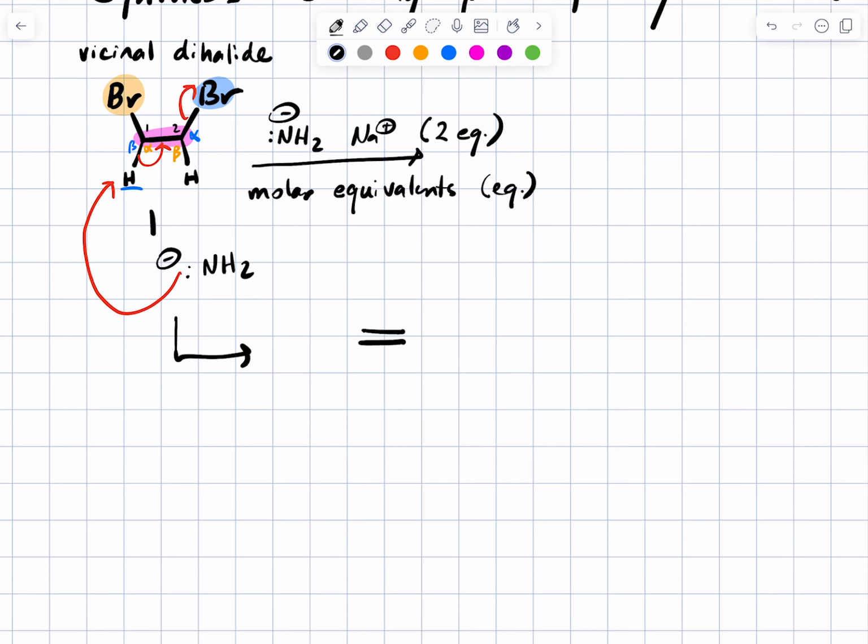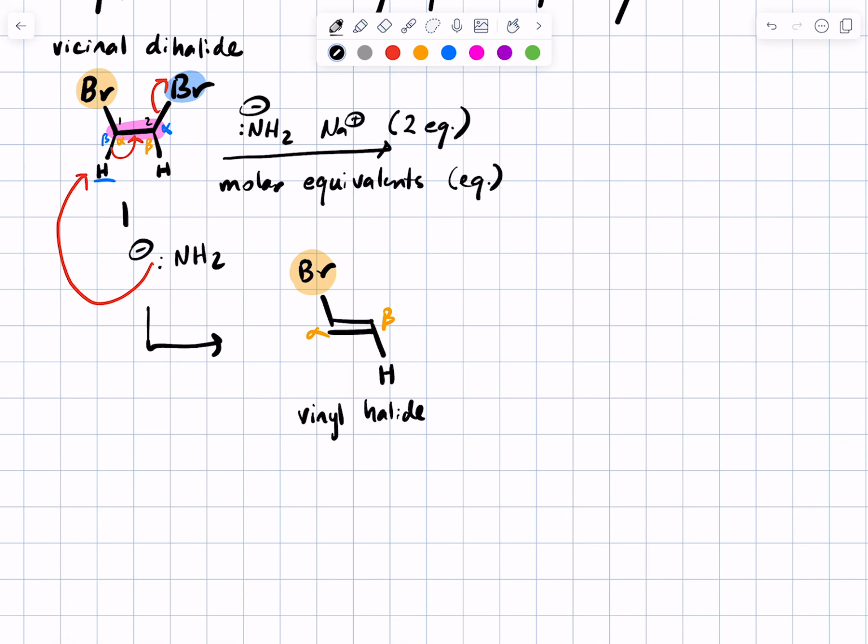The blue bromo group is gone, but the orange bromo group remains and is still anti to the orange beta proton. This intermediate is called a vinyl halide because the halide is on the vinyl carbon. That's not something to memorize, it's just something to recognize as I talk about stuff.